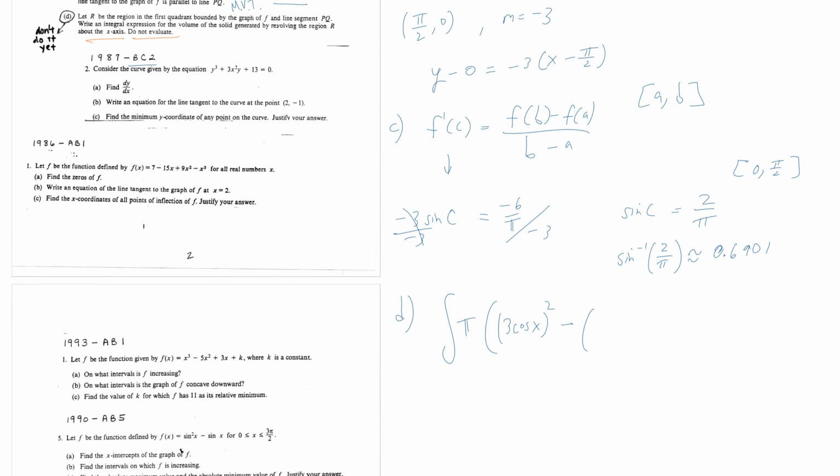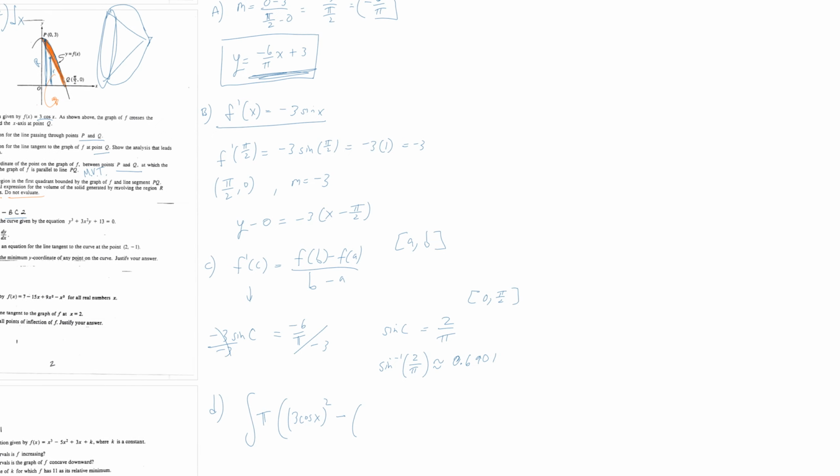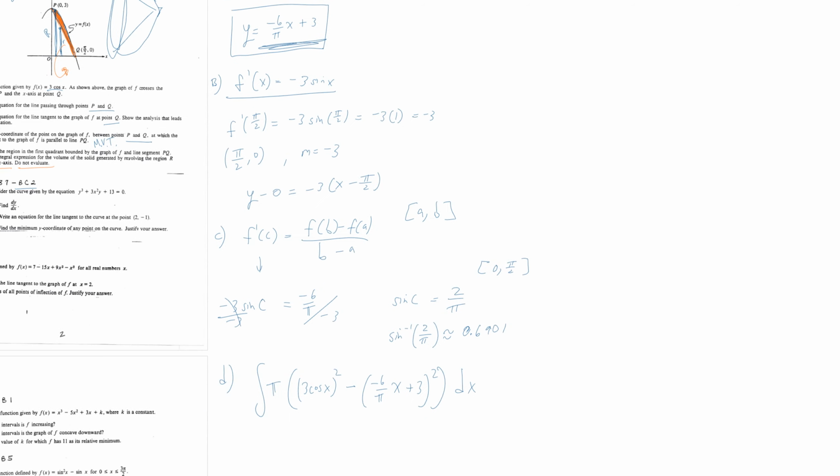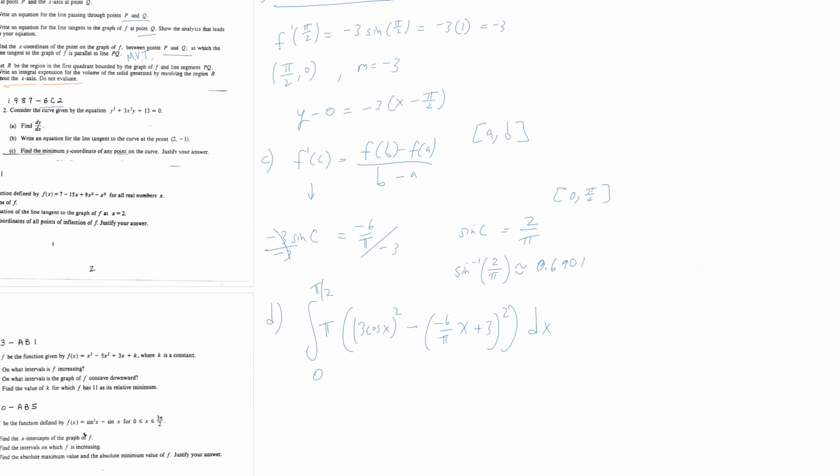So minus negative 6 over pi x, plus the intercept. Do not distribute the negative because we're going to square it, so leave it like that. And then from 0 to pi over 2, since it's bounded in the first quadrant. So from here to here, right? So we're done, and that should be the answer. This would be the volume. It says do not evaluate, so we'll leave it like that.